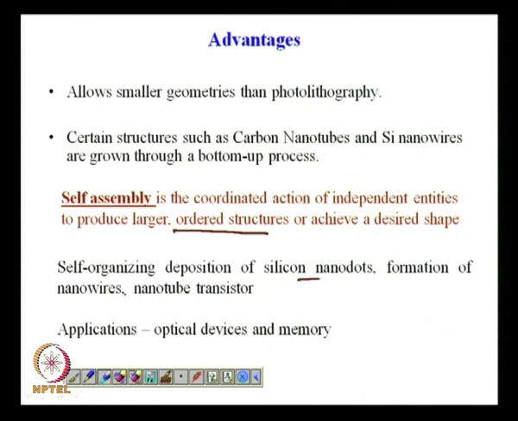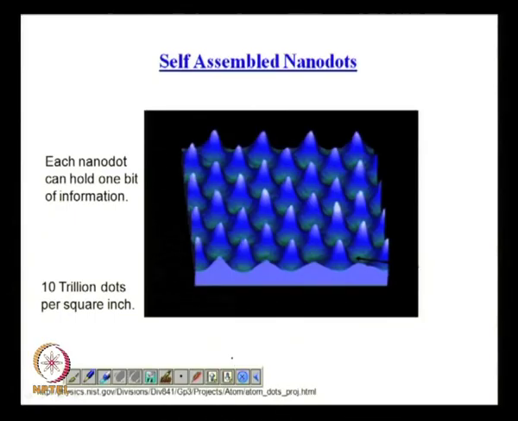and nanotube transistors. People talk about more exotic applications, but I am not going to talk about that right now. The basic applications that I am going to give you an example of are optical devices and memory. Here is a picture of a nanodot surface, 10 trillion dots per square inch, and just think of each nanodot holding one bit of information.